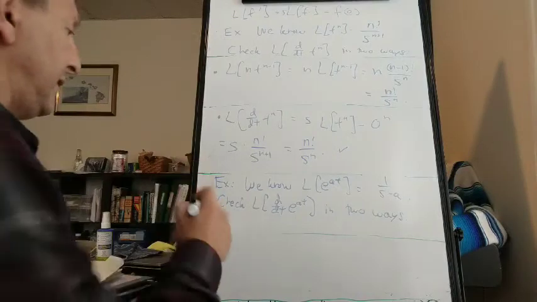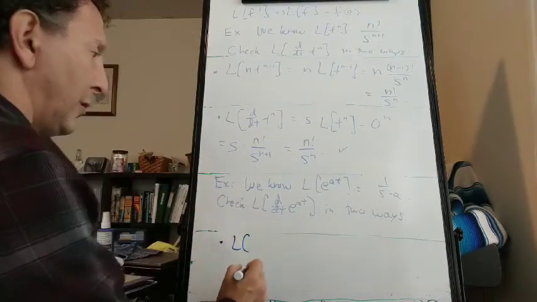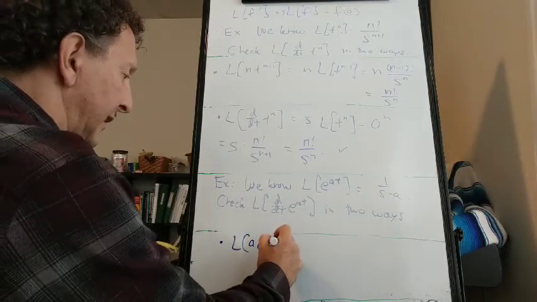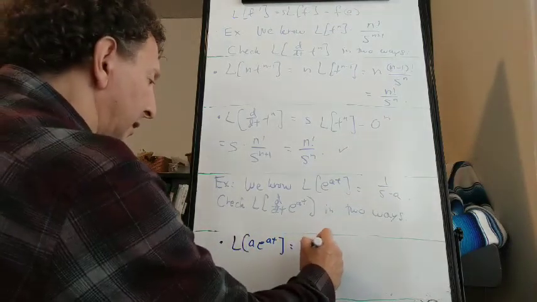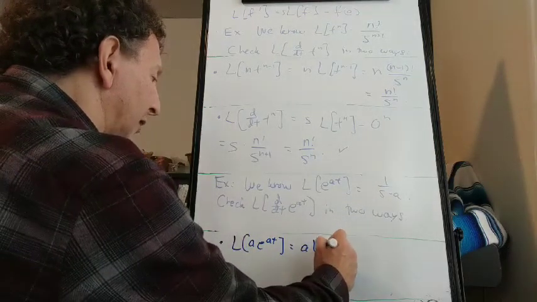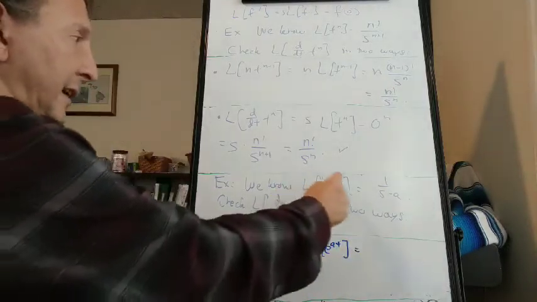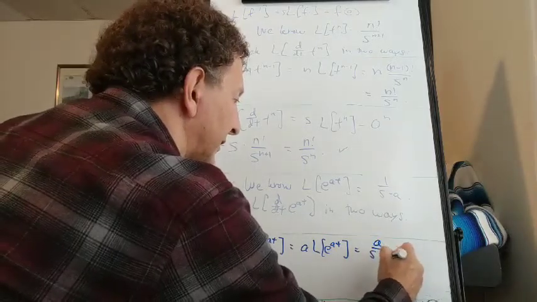Well, the derivative is easy enough to take. So we have the Laplace transform of the derivative of e to the at is a e to the at. a is a constant, so we can take it out. a times L of e to the at. L of e to the at is 1 over s minus a. So we have a over s minus a.